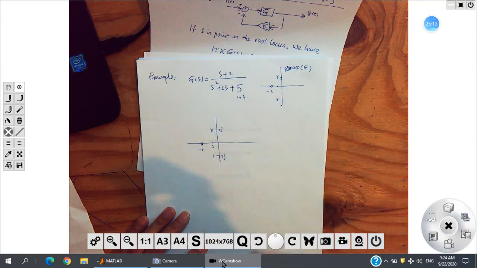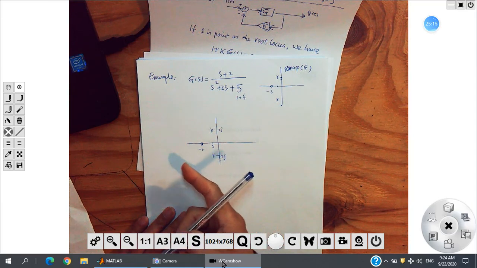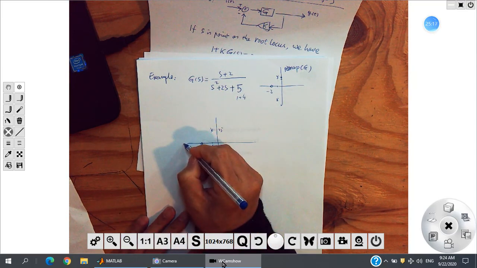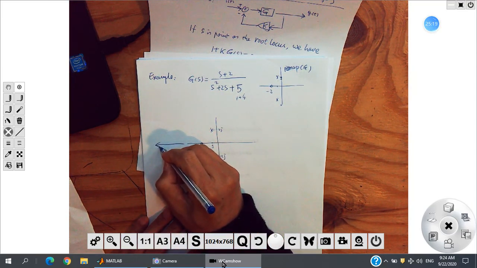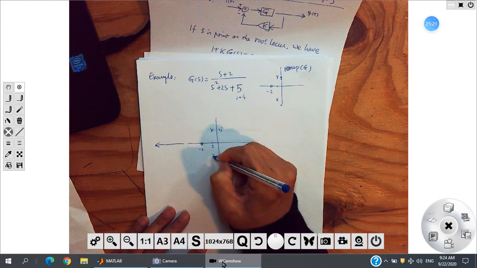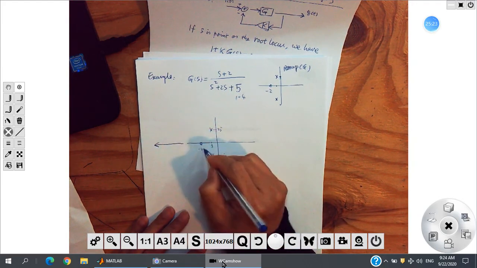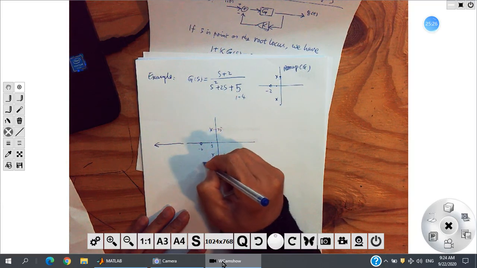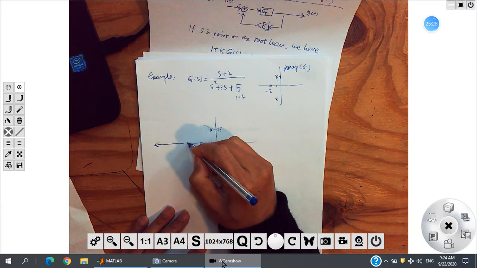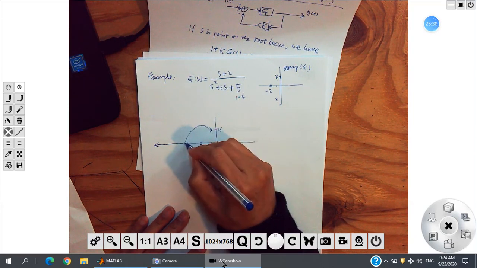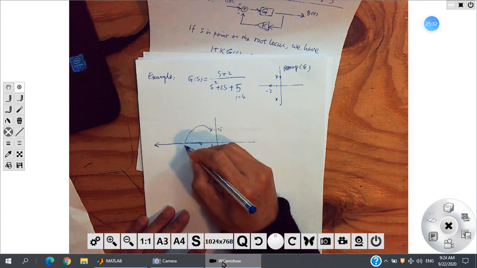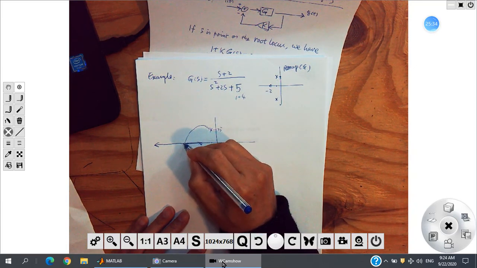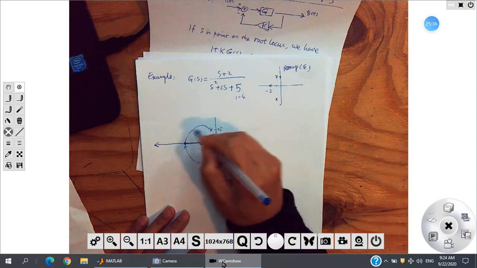We only have one root locus going to infinity, so the only direction will be this way. Start from here, one goes to infinity, one goes to here. So it must be like this, right? Go to here, then separate.